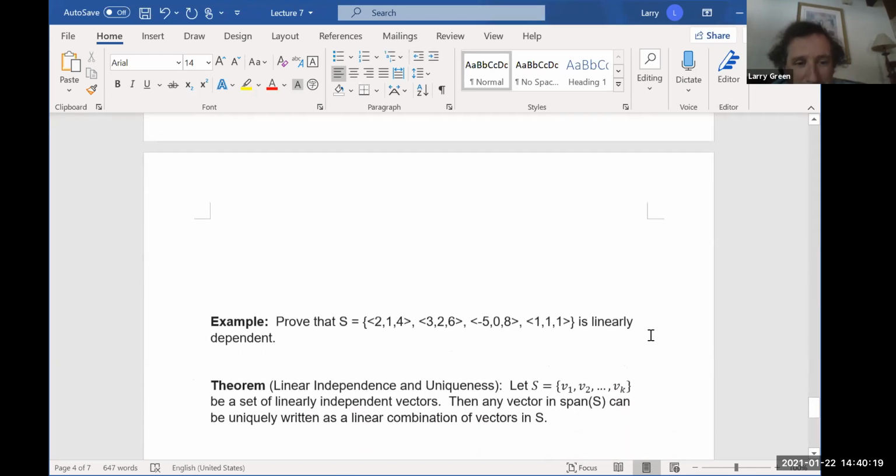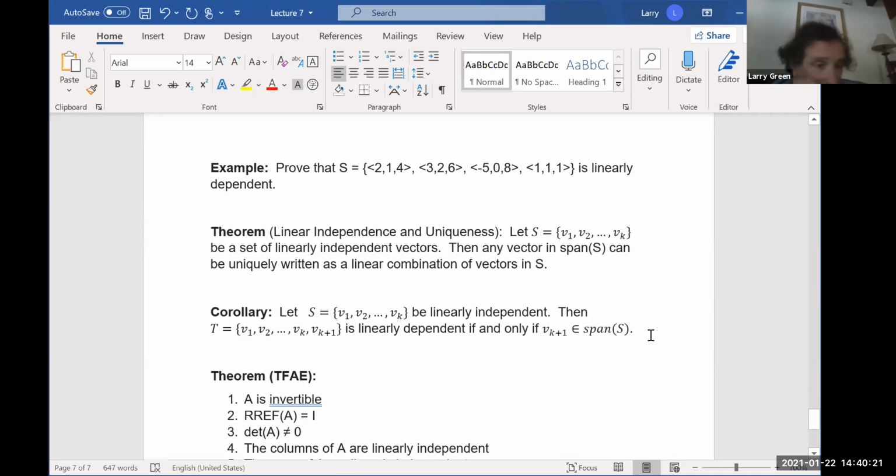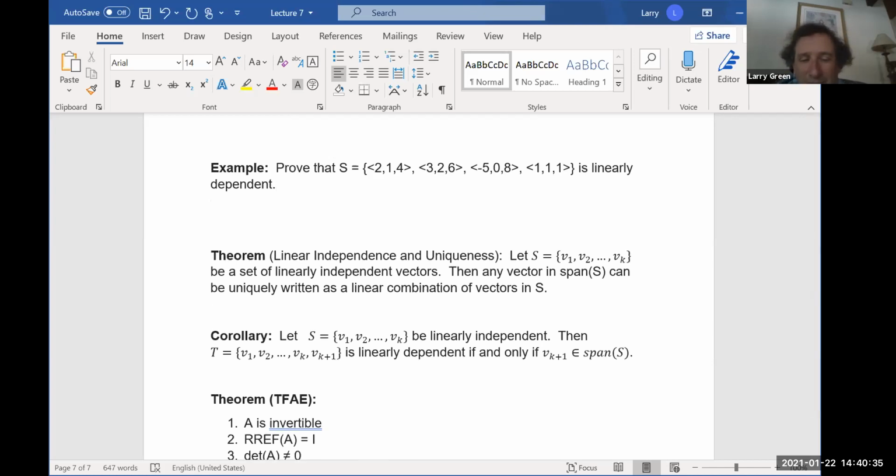That was the too many vectors theorem. We don't have too much time and I need to get to these guys. All right, but this example: prove that S equals 214, 326, -508, 111 is linearly dependent. How do we do that in 10 seconds? K is greater than N. Exactly, but let's state them.